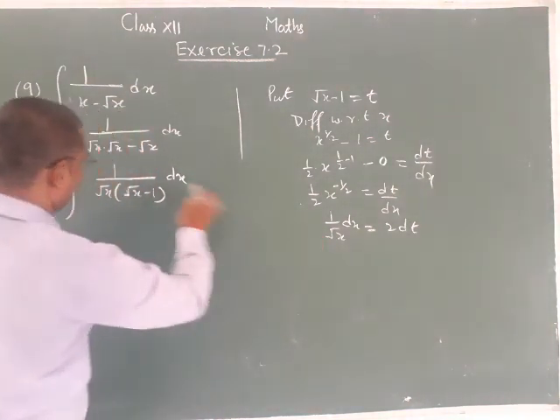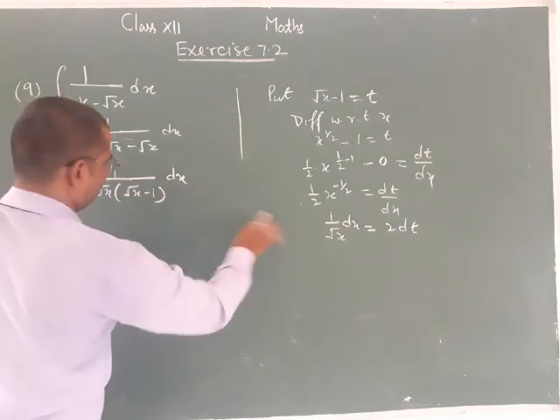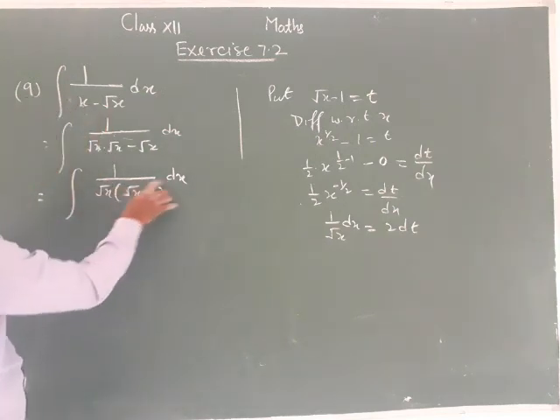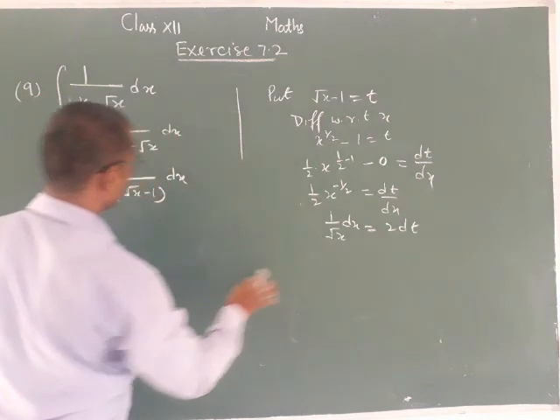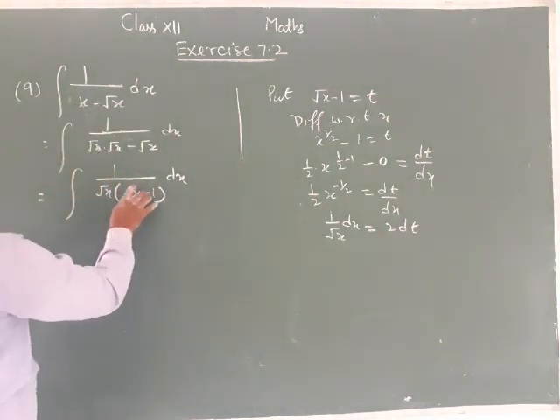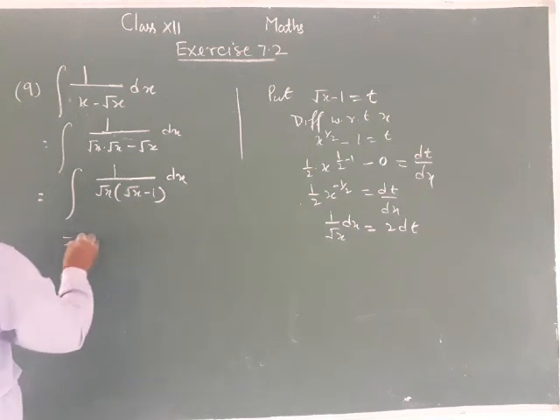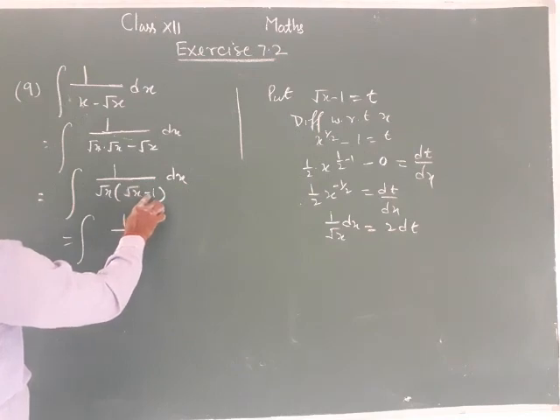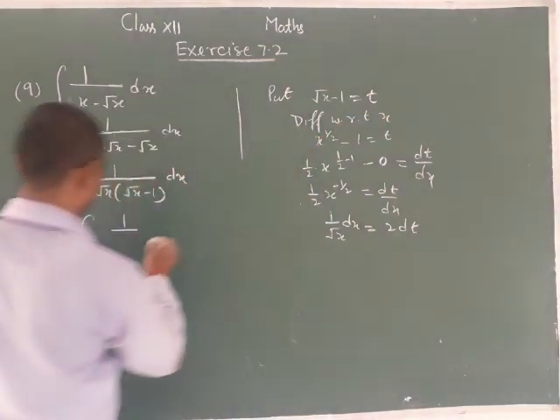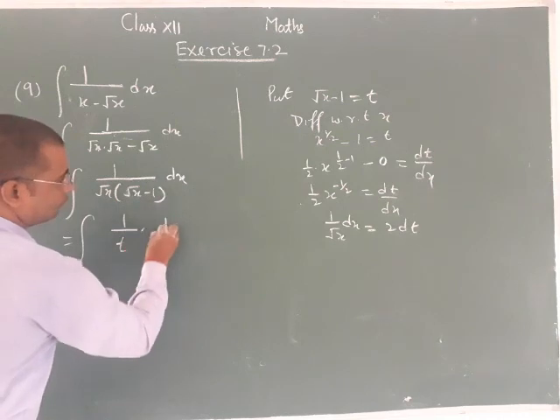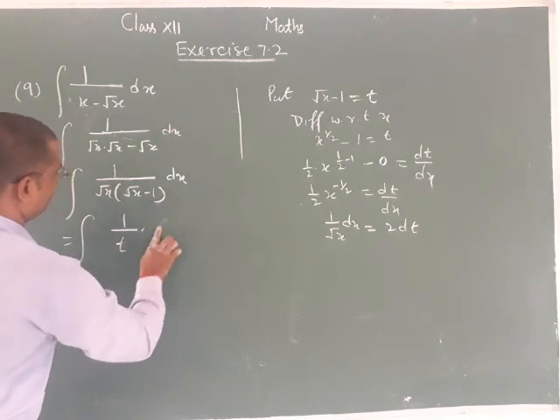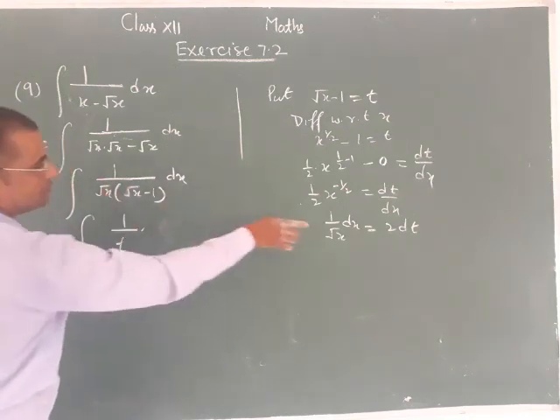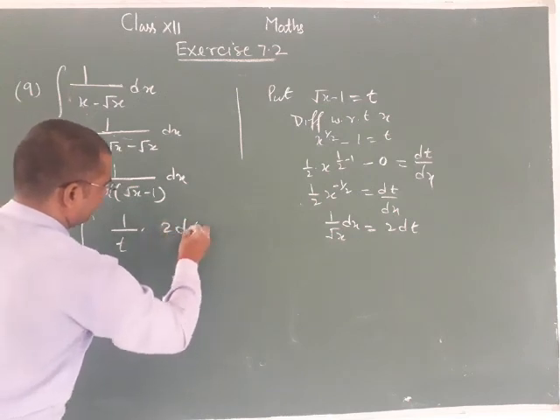So now replace 1 upon root x dx with 2 dt, and root x minus 1 with t. So 1 upon root x dx is equal to 2 dt.